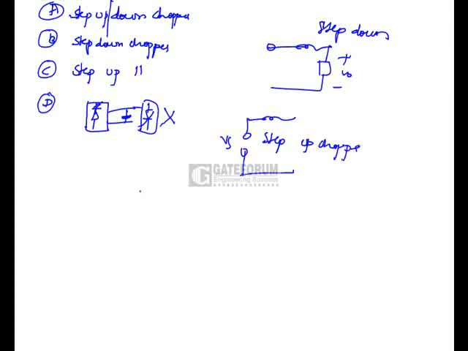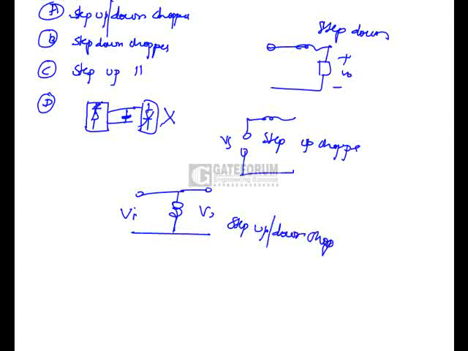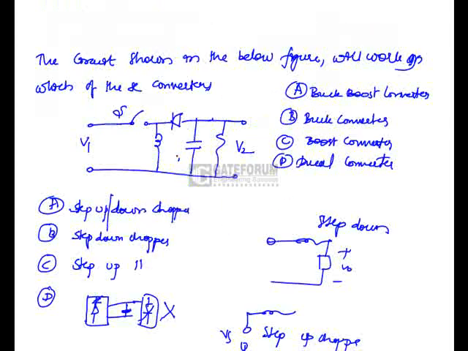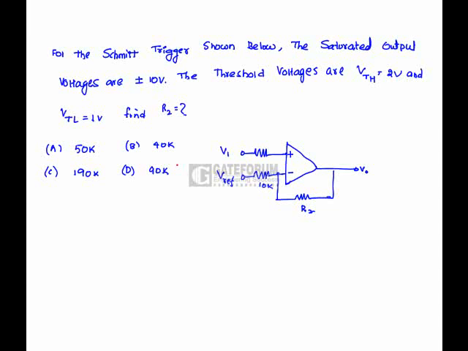If the inductor is connected between output and input, then it is a step up or step down chopper. In the given circuit, the inductor is connected between output and input. So option A, the buck boost converter, or step up or step down chopper, is the correct answer.